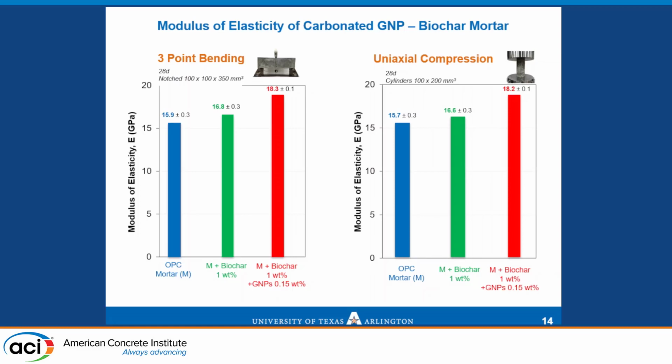Modulus of elasticity. With biochar, we do not expect, obviously, to have exciting results using only biochar. But if you enhance it a little bit with some graphene nanoplatelets, we can reach an increase of at least, what was that, 15, 16, and then we went to a modulus of elasticity of 18.2 gigapascals increase.